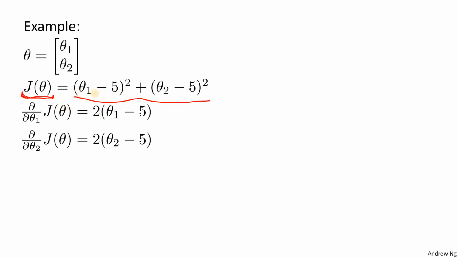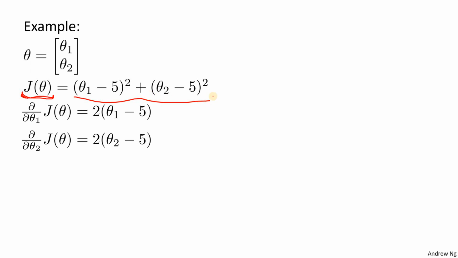When you take the derivative of this term with respect to theta 1, it will give me 2 times theta 1 minus 5. If you remember the derivative formulas, this is the application. But because the derivative is with respect to theta 1, there is no theta 1 term in the other part of this equation, so it is a constant.